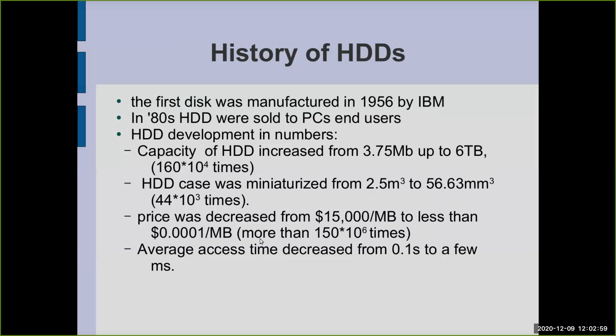The price per megabyte was decreased 150 million times, which is quite impressive. Also, the average access time, the time after which I get data, was decreased from 100 milliseconds to a few milliseconds.